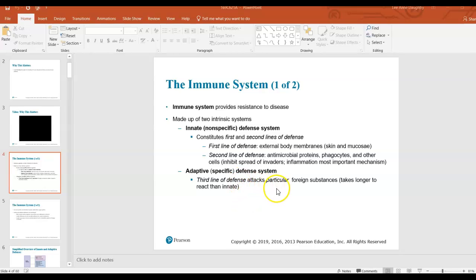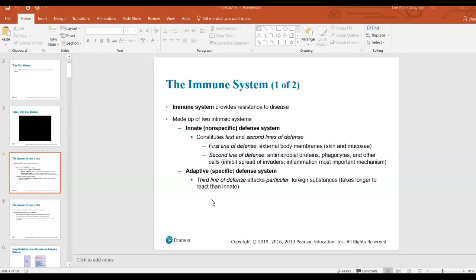And that is going to attack a particular specific foreign substance, so it takes longer to react than the innate defense system does. It takes a little bit of time to build up enough immune system cells, lymphocytes, to actually attack and destroy the particular substance. But it is specific.